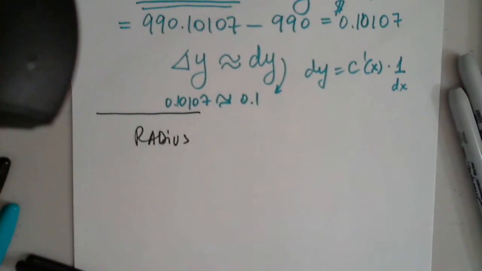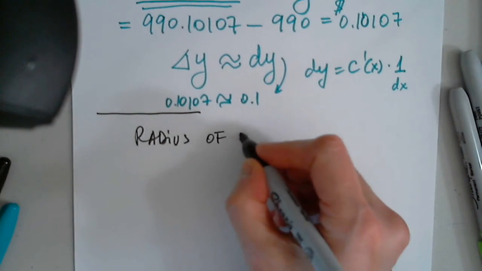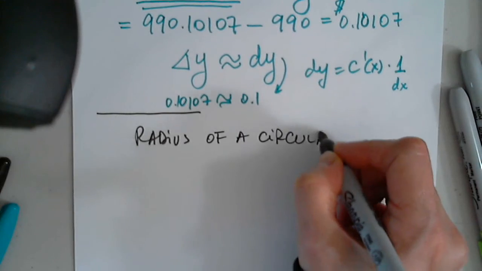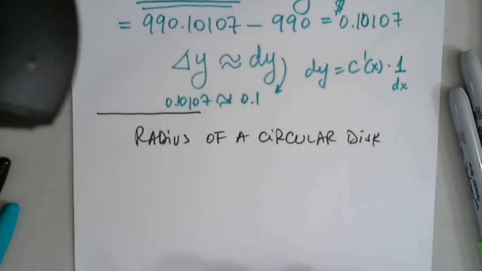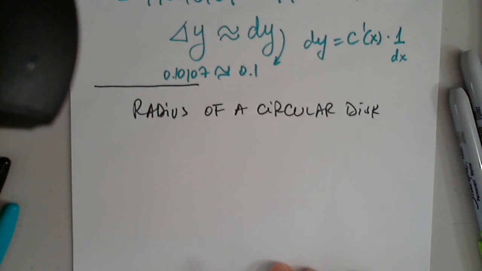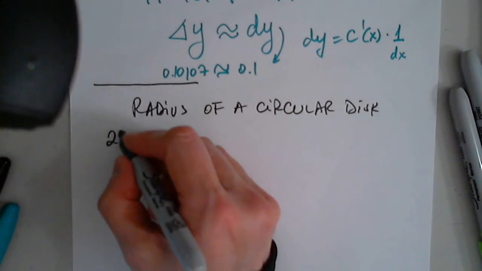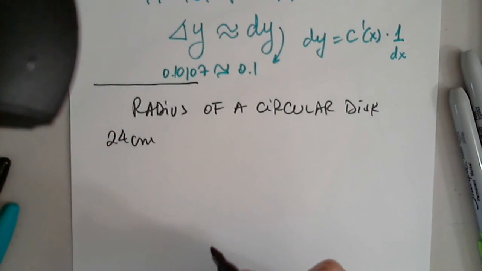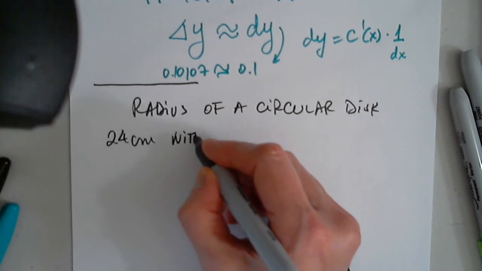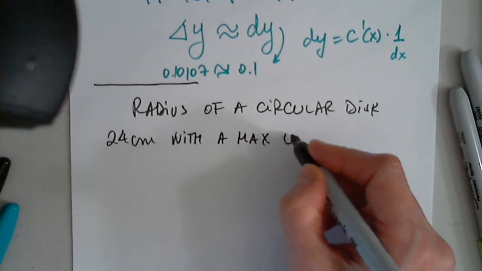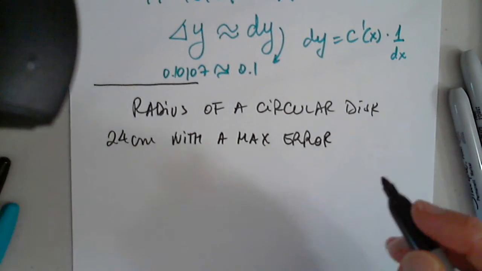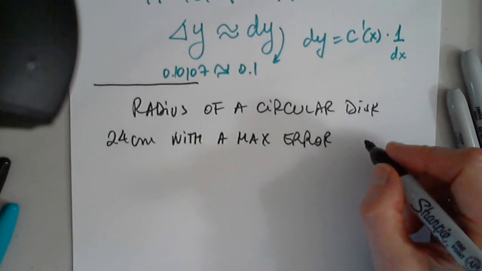I wanted another marginal cost situation. So now I'm back to section 3.10 to wrap that up. The radius of a circular disk is given as 24 centimeters with a maximum error in measurement of 0.2.